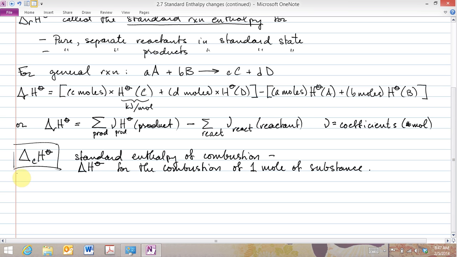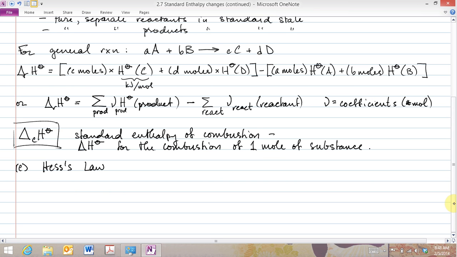So that brings us to Hess's law. Hess's law tells us how we can add up enthalpies in order to express the enthalpy of maybe a larger reaction. Let's define what Hess's law is.